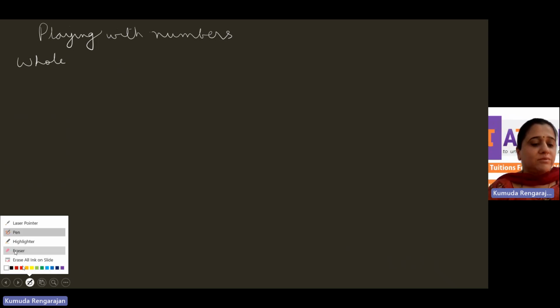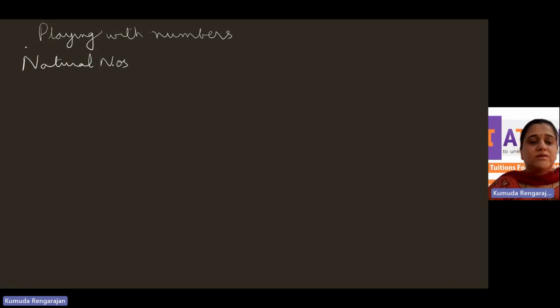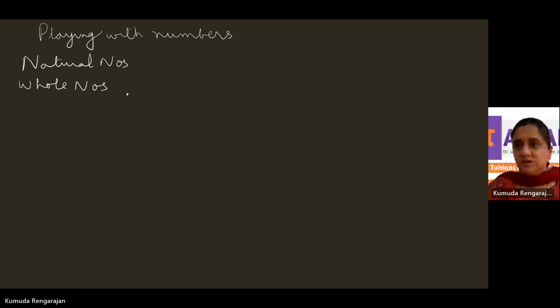First, what are natural numbers? Counting numbers are called natural numbers. I'm not writing that, you know it. Then what are whole numbers? All natural numbers, including 0, form the collection of whole numbers. All right.